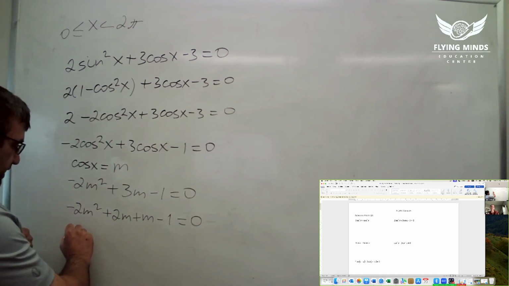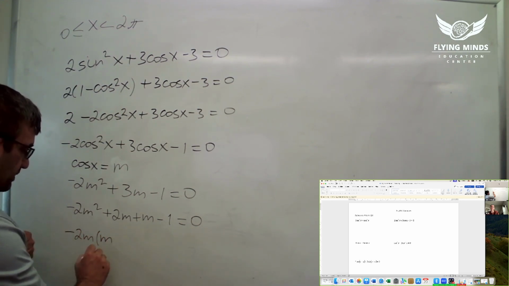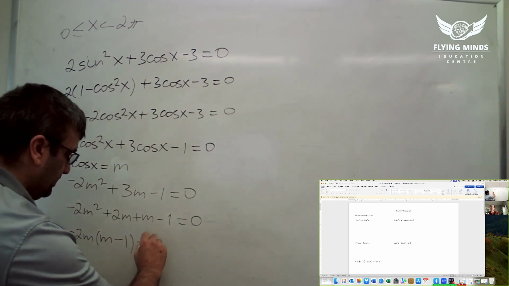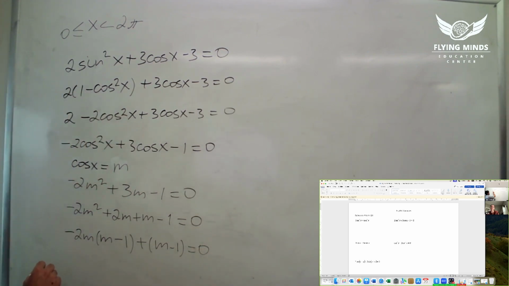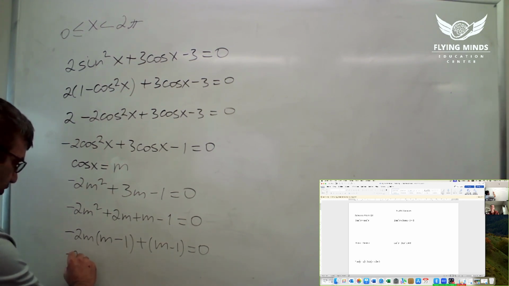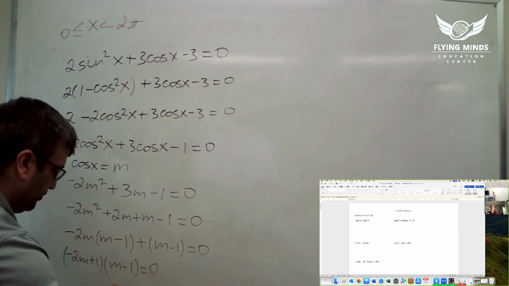Then we factor negative 2m plus 1 and m minus 1 equals to 0.